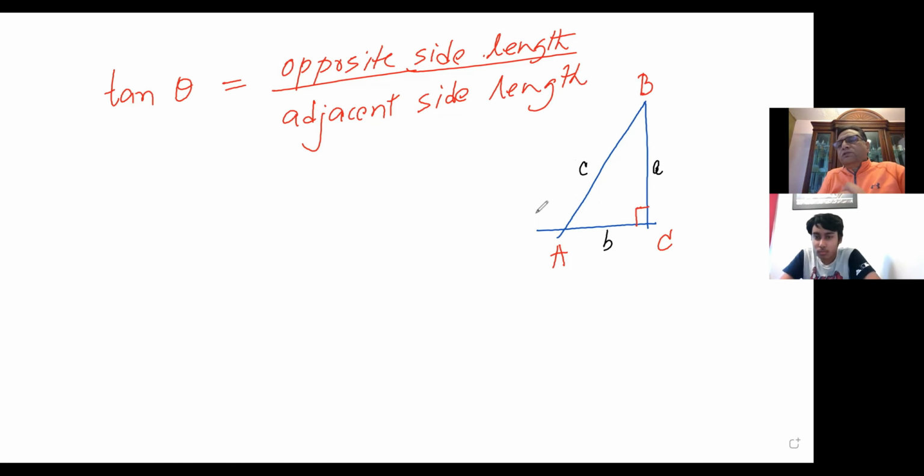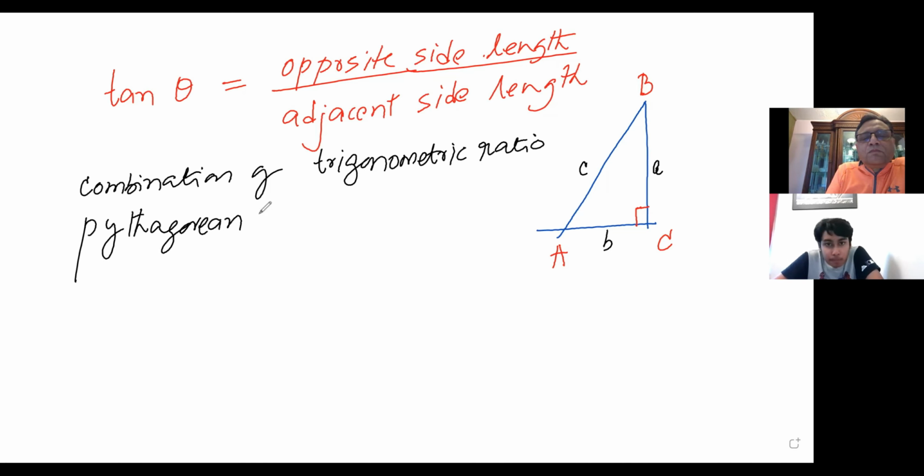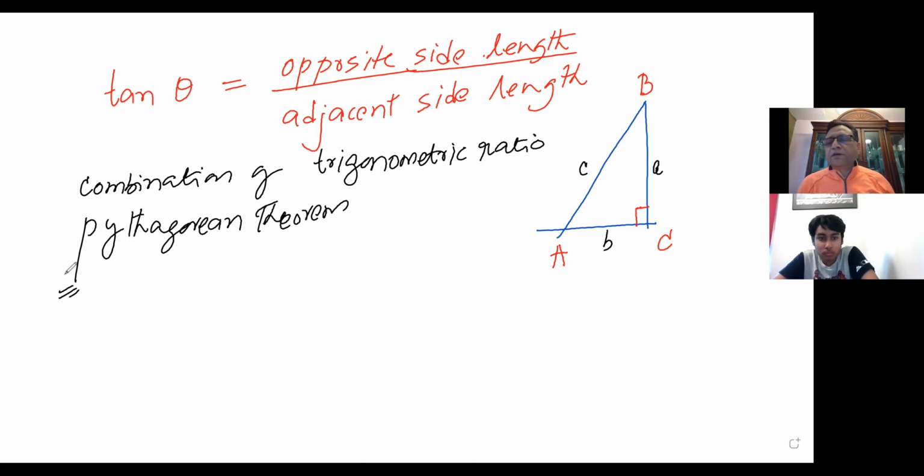Now, we also learned here that to solve, we could have a combination of trigonometric ratio and also the Pythagorean theorem, right? So a combination of the Pythagorean theorem and trigonometric ratios helps us to solve right triangles, right? Yes, sir. Kind of important to understand.